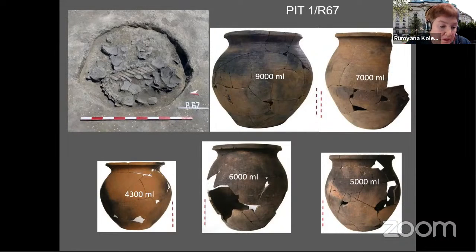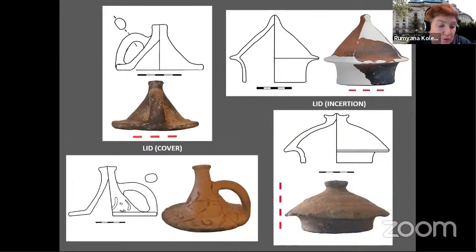Two types of lids were used at the settlement. The first one with a conical body ending with a knob, flat base and handle. The second with a conical body and a cylindrical sleeve. The first is used to cover the opening, while the second is inserted into it. Here we name these cover lids and insertion lids.